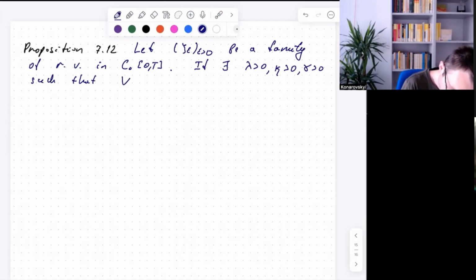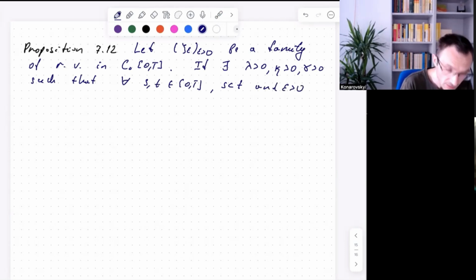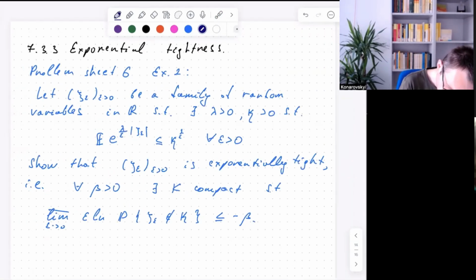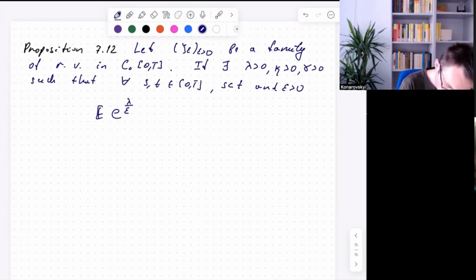for every s, t from 0 to T with s less than t, and epsilon positive, you can control the expectation of e to the power lambda divided by epsilon. It is like before, but now you write psi epsilon of t minus psi epsilon of s, divided by t minus s to the power gamma.